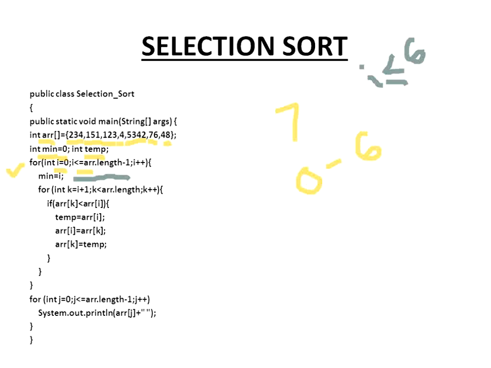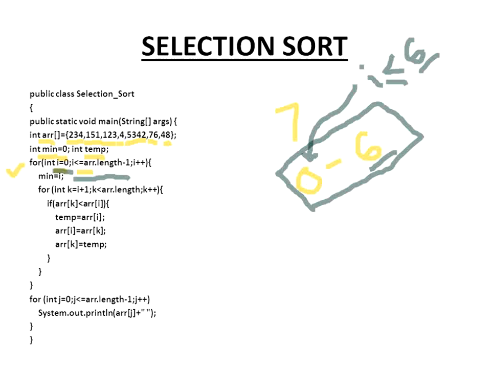So i is less than or equal to, we have index values from 0 to 6. See, here we have 6 and here we have 6. Initially the value of i is 0.